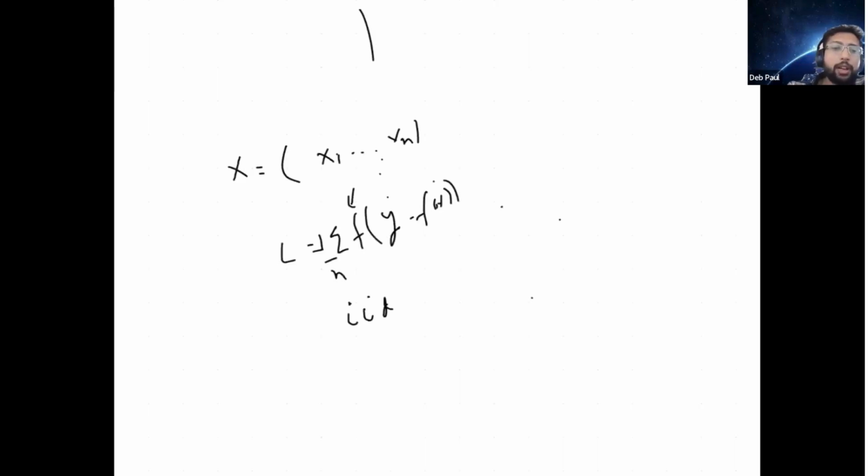Suppose I have a coin, and we'll slowly go to the assumptions of this model. Suppose I toss a coin, I get head, tail, and so on. Now I ask you, what is the probability of head? How will you determine this probability of head?